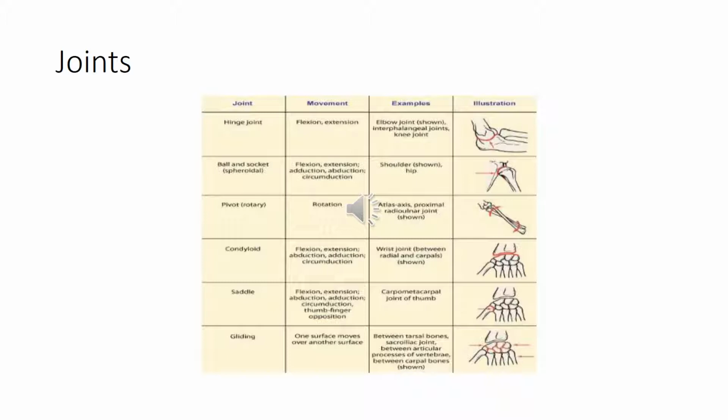Each joint is lined by a synovial membrane, which secretes a thick synovial fluid to lubricate the joint. That also reduces friction and allows for opposing surfaces to slide smoothly over each other.